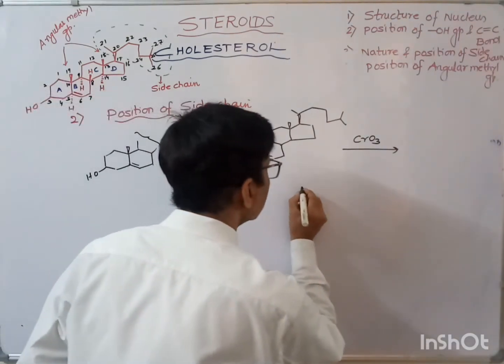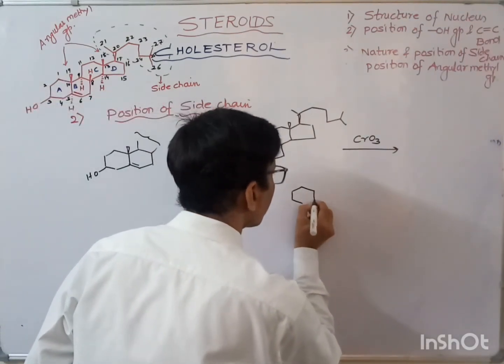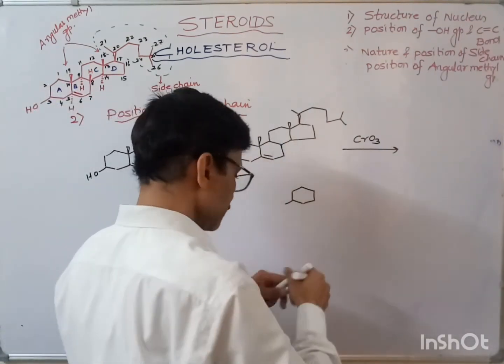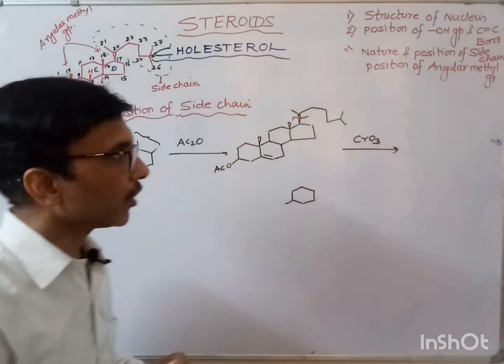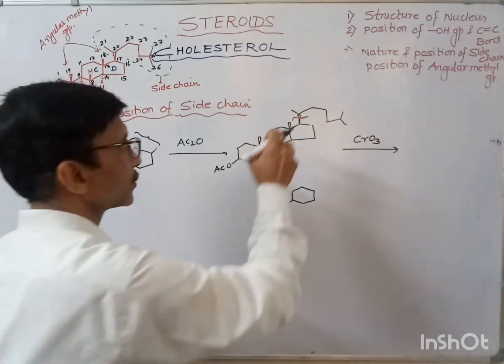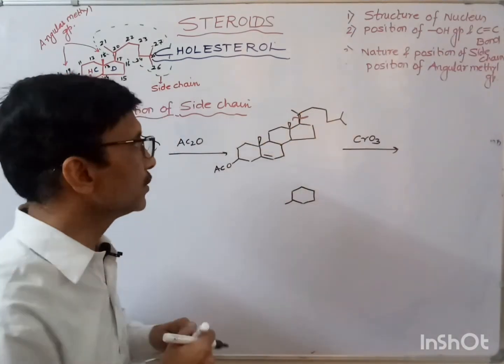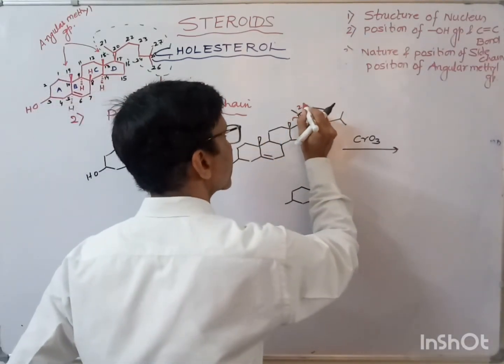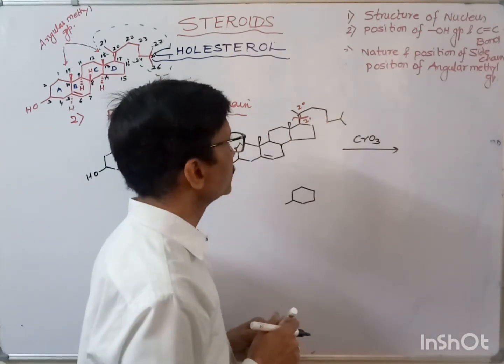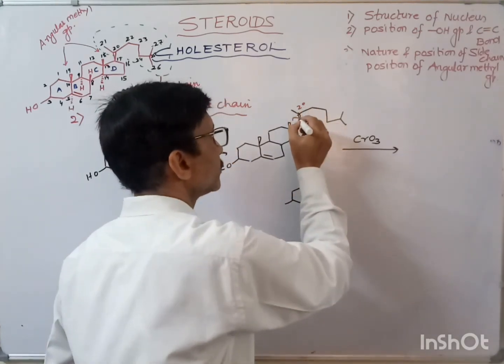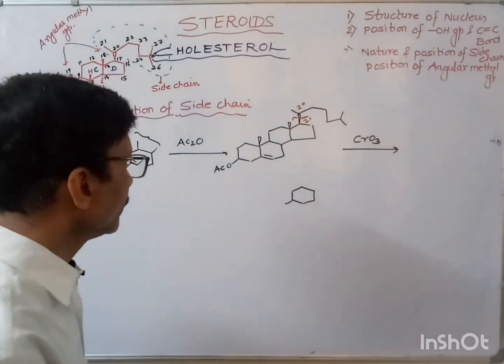Finally, when it was treated with chromium oxide, what was obtained? Here this bond breaks, and the oxidation of these carbons will occur. Both of these carbons are secondary carbons, so after oxidation this will be converted into a ketone, and this will also be converted into a ketone.